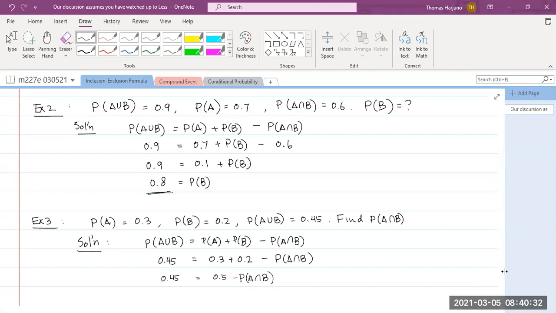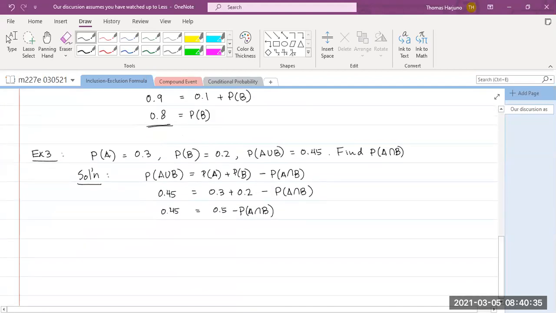Let me subtract 0.5 from both sides. I get negative probability of the intersection on the other side. This is negative 0.05. So probability of A intersection B, you multiply both sides by -1, right?